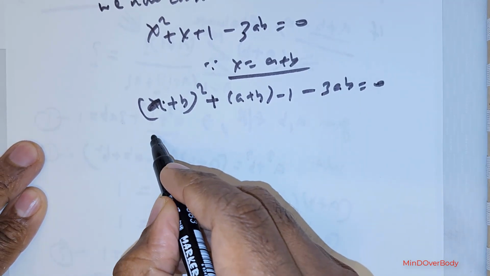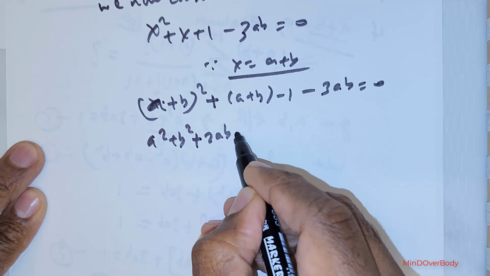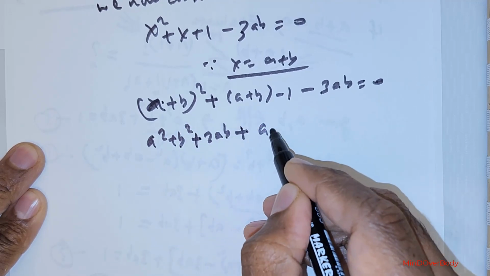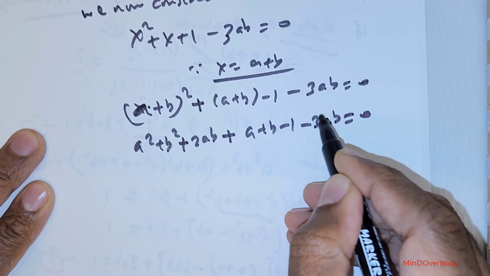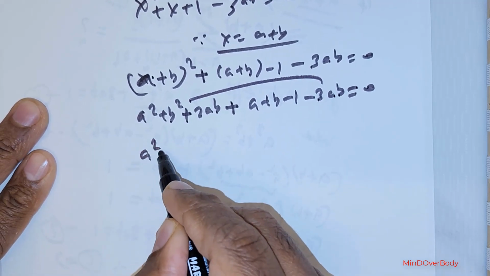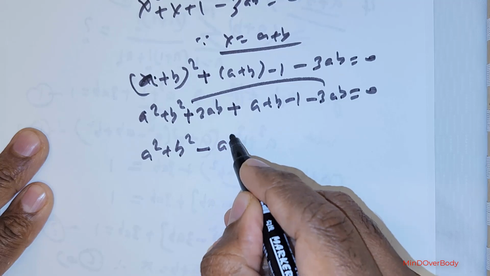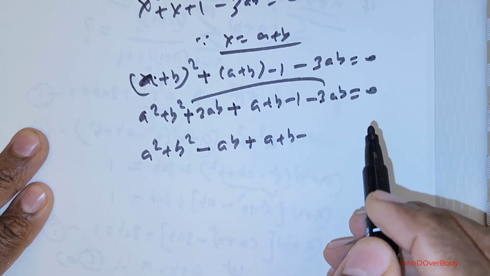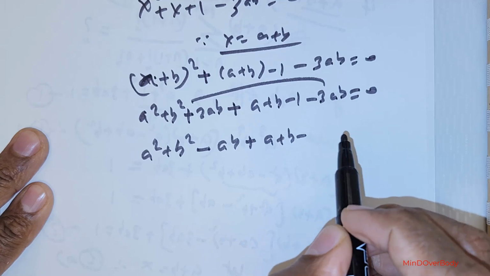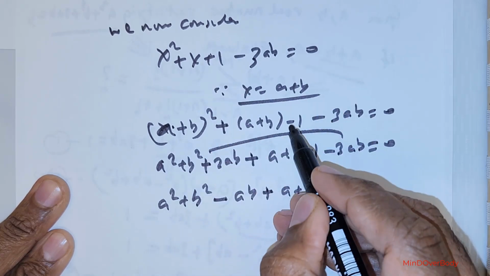So if I were to expand this, I get a² + b² + 2ab. I already have a + b there, a -1 and a -3ab is equal to 0. So I add these two together. You have a² + b² and -ab and a + b, and you have, this is a positive 1, not negative 1.